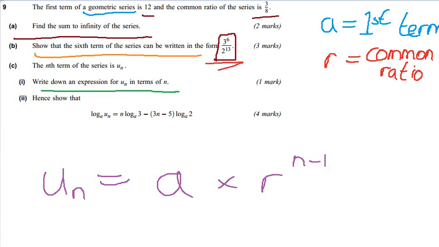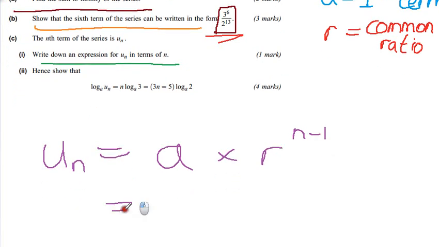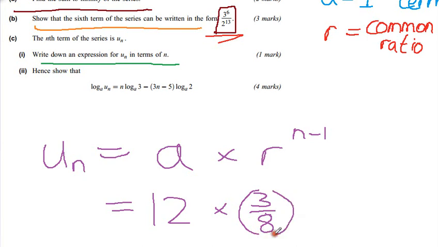That is the nth term, so just write in what we know: 12 times 3 over 8 in brackets to the power n minus 1. That's all you have to write down. Nothing more.